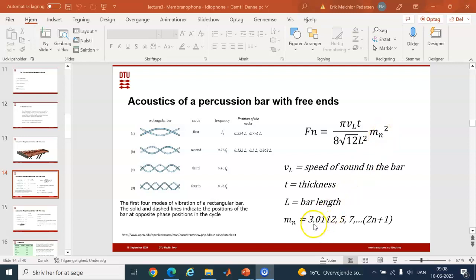Mn is 3.0112, and then 5, 7, 9 and so on. So these are the first four modes of vibration of a rectangular bar. The solid and dashed lines indicate the positions of the bar at opposite phase in the cycle.